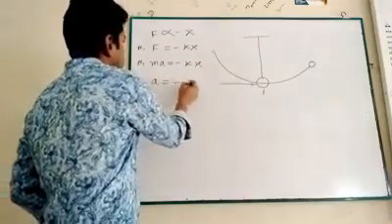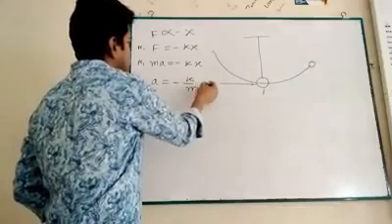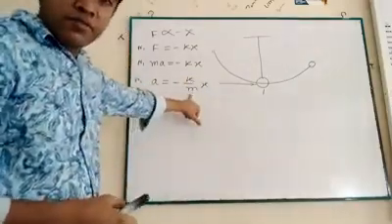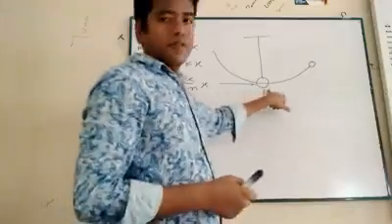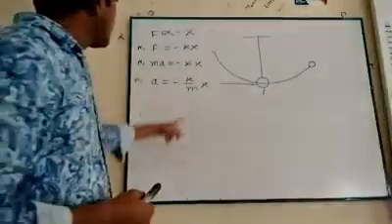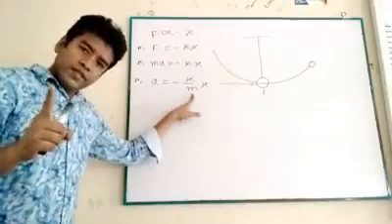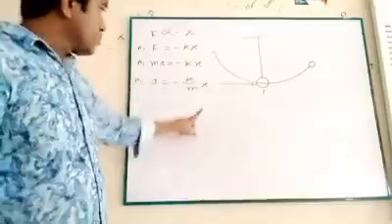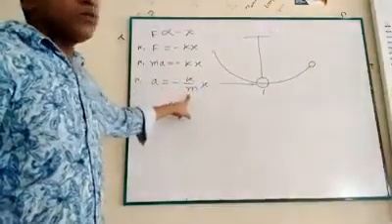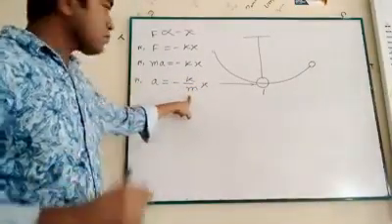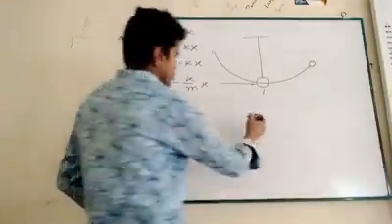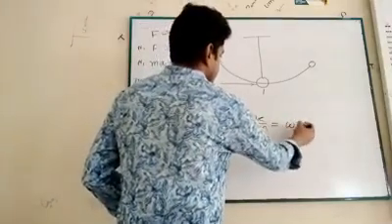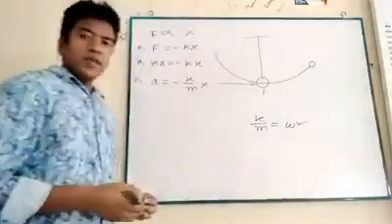Or a equal to minus k by m x. M, the mass of the bob, is also a constant. K is a constant, so k by m will be a constant. We know k by m equal to omega square.